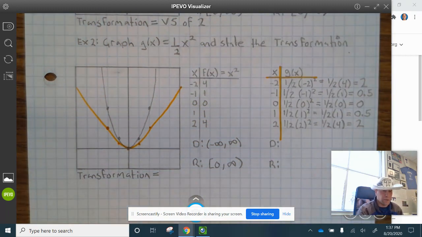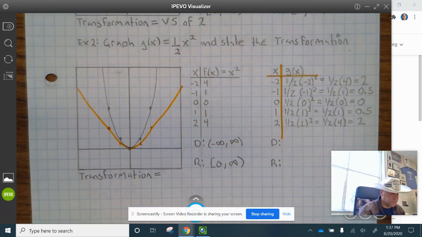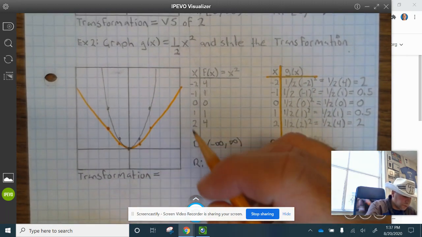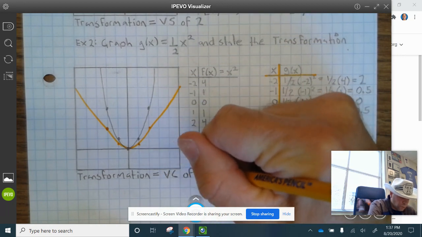Okay, and again, you can see how you're almost like pushing it down, so compressing it vertically. Okay, so then, and actually, let's just go and say that. So we can say that that's a vertical compression of 1/2.